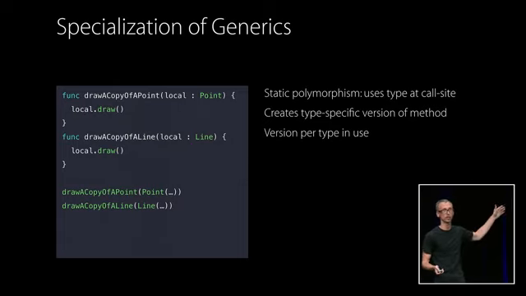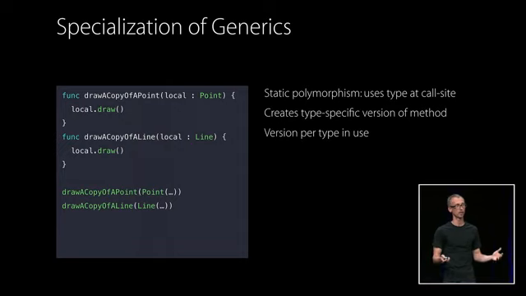So if we call the drawCopy function on the line and the point, it will specialize and create 2 versions of that function. Now you might say, wait a second, this has the potential to increase code size by a lot, right? But because the static type information that is now available enables aggressive compiler optimization, Swift can actually potentially reduce the code size here.